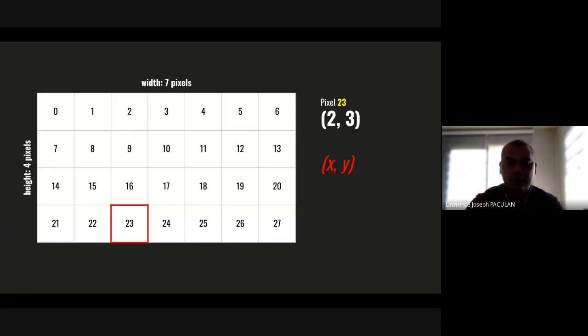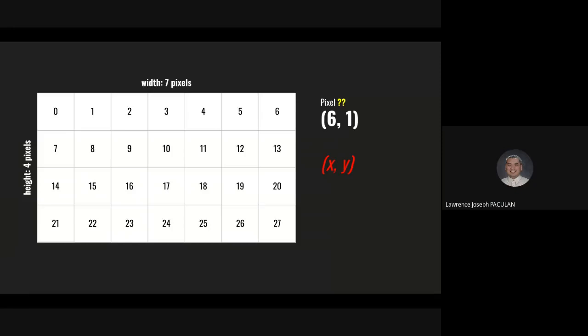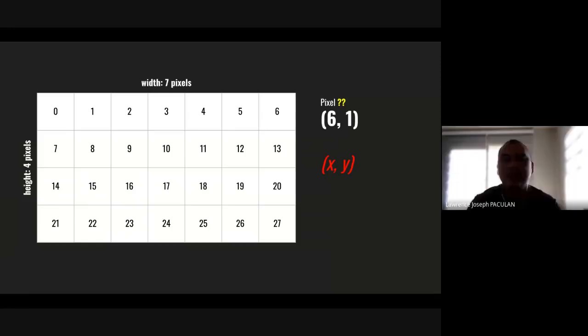Okay, so you can do the same. You can pause the video and try to guess or formulate a method or process wherein you'll find the answer in a systematic way. For example, we have 6 for x and 1 for y. Which particular pixel is this? The answer is pixel 13.